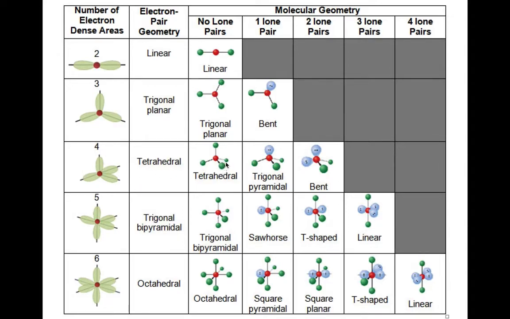If all of those groups of electrons are single bonds, then we just have a tetrahedral molecular geometry. No problem. Remember that if one of them is a non-bonding pair, we wouldn't see this site when we looked at the molecule because it's an electron pair. It's not an atom. We can't see it. We would instead see the remaining atoms, and so we would describe this shape as trigonal pyramidal.